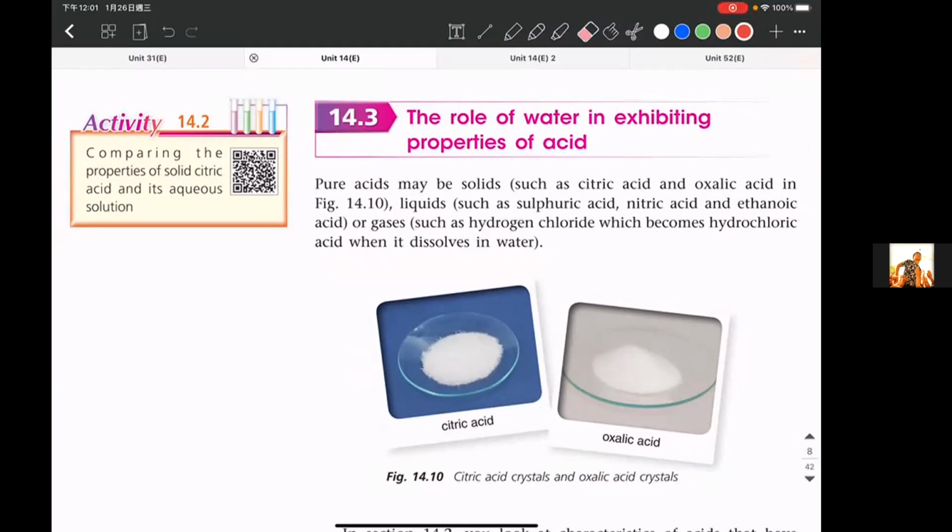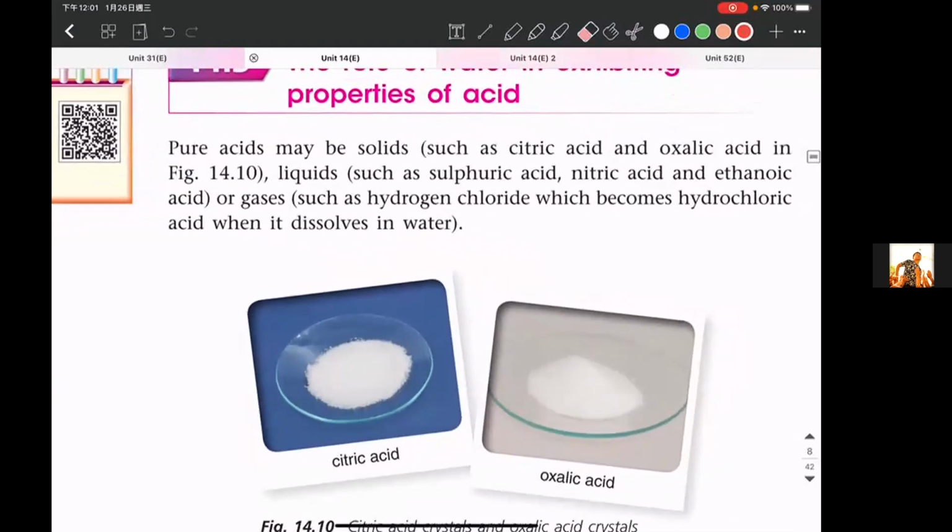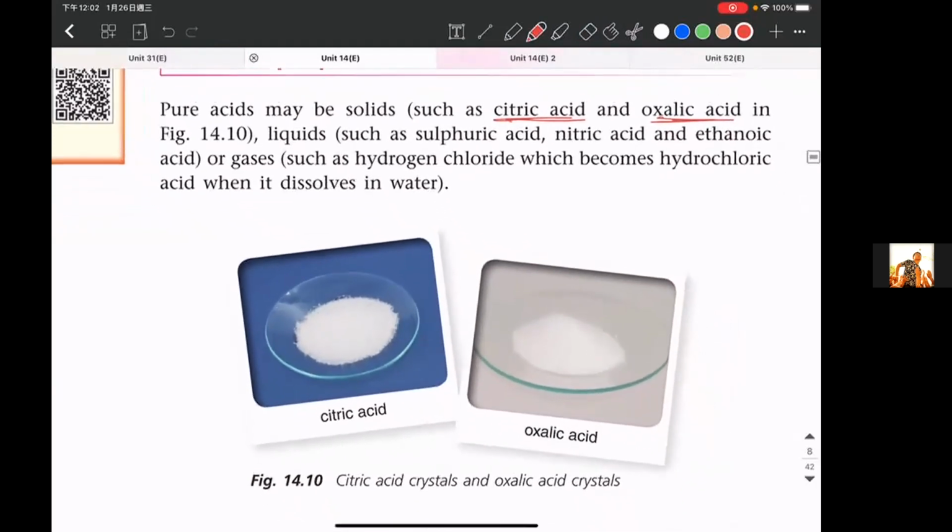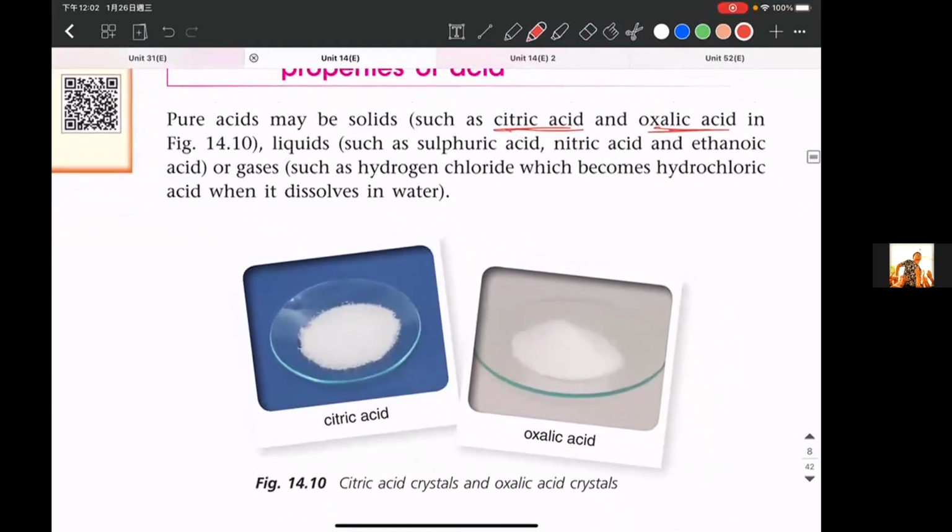Some pure acids may be solid, like those with a very large molecular mass, such as citric acid or salicylic acid, and some are liquids, like sulfuric acid, nitric acid, ethanoic acid, and gases, like hydrogen chloride. Now, a very strange name: hydrogen chloride is a gas, but once I dissolve it in water, we call that hydrochloric acid. So it gives a different naming, a different meaning.